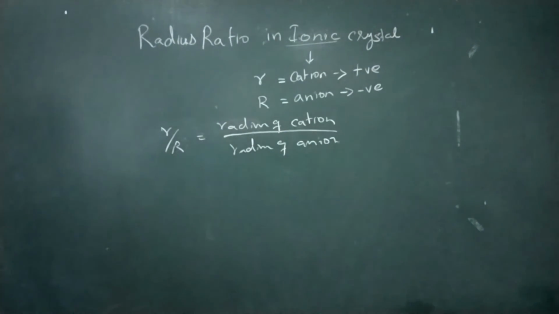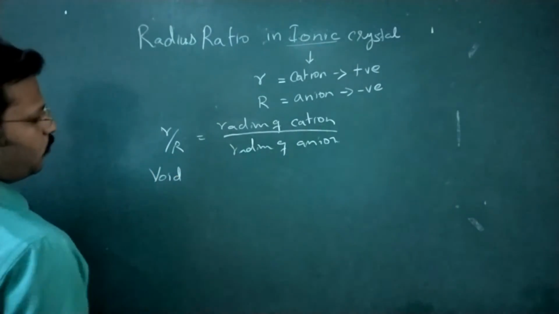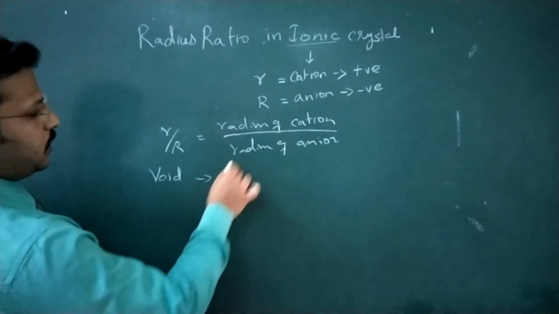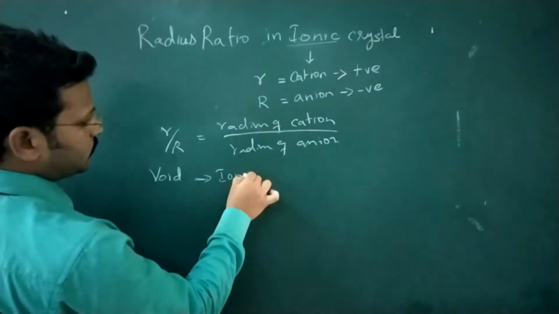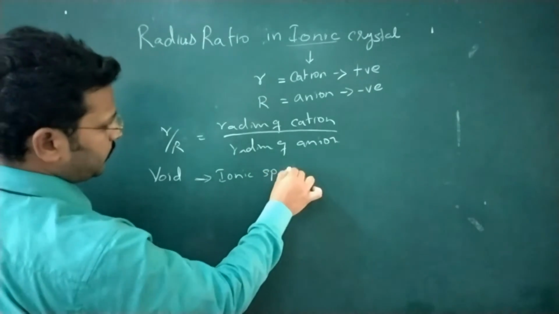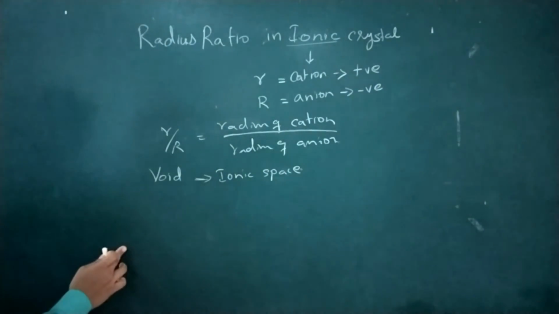Using this radius ratio value, we can find what type of void will be formed in between the atoms or ions.